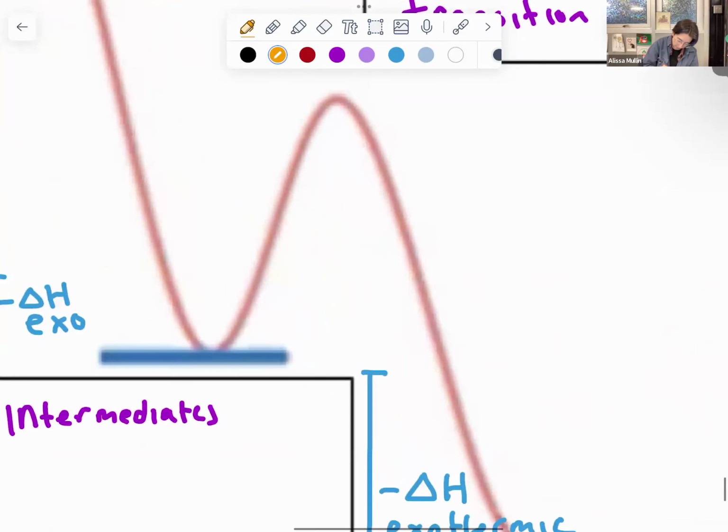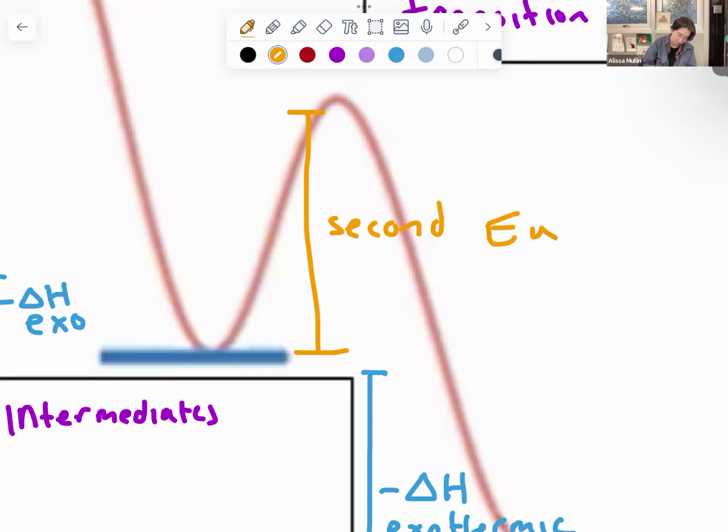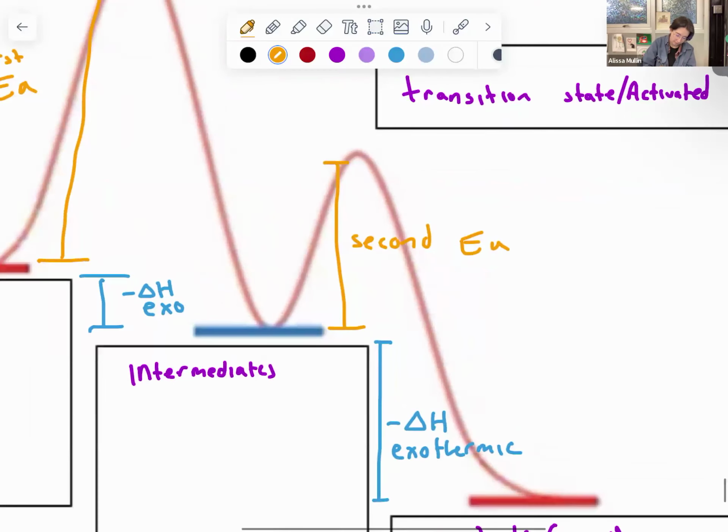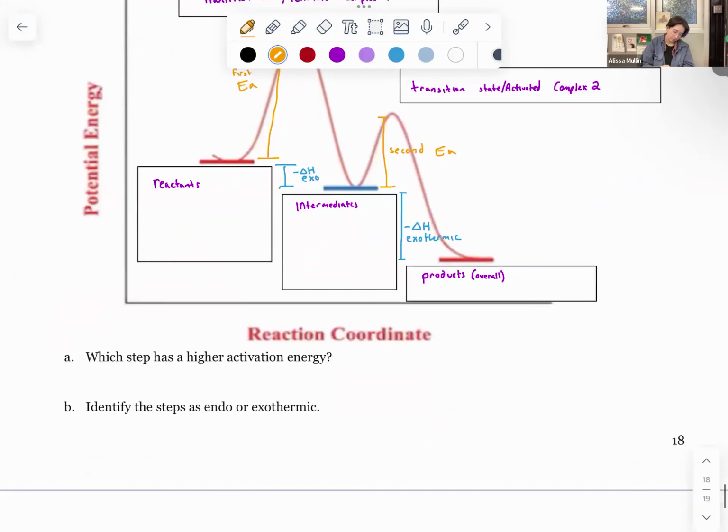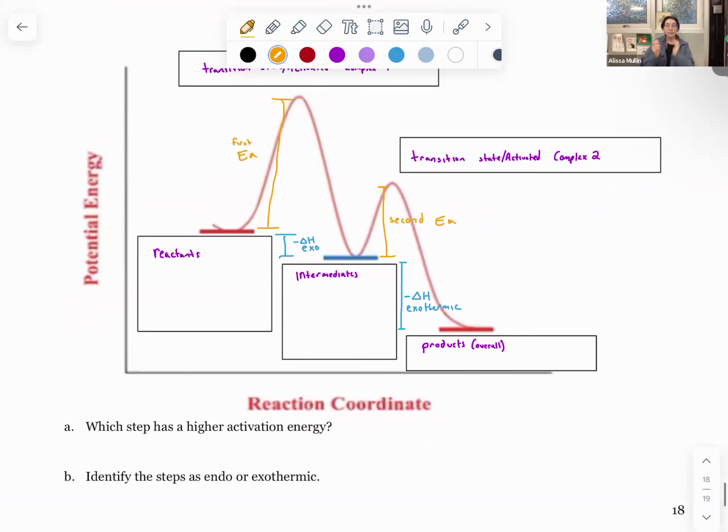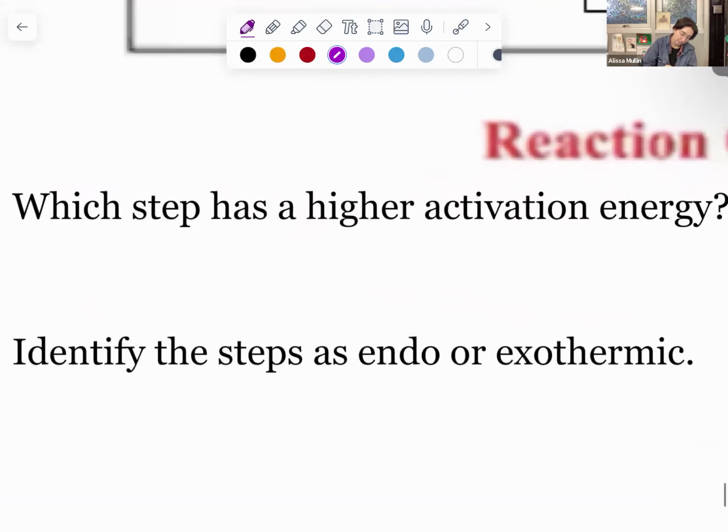Then this one, from your starting point to the top of the hill, would be your second activation energy. Notice that the first step has a much bigger activation energy, a much bigger hill to get over.